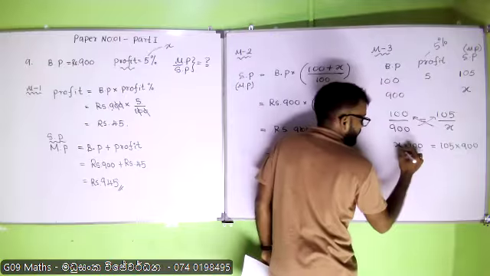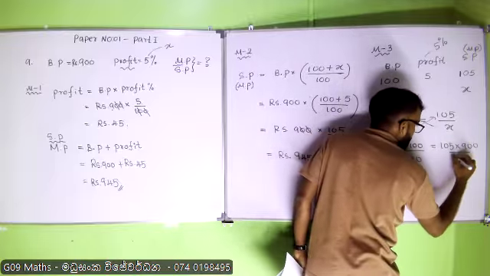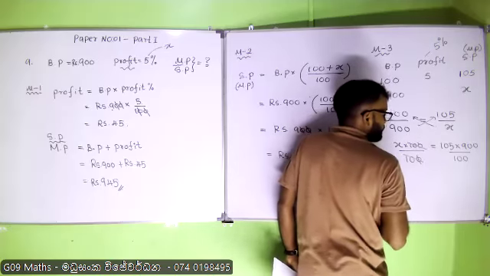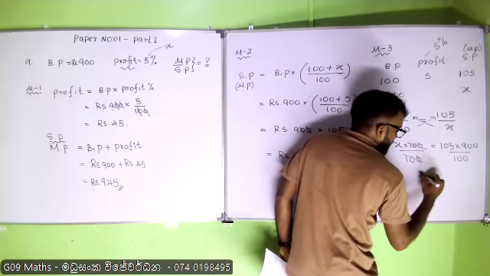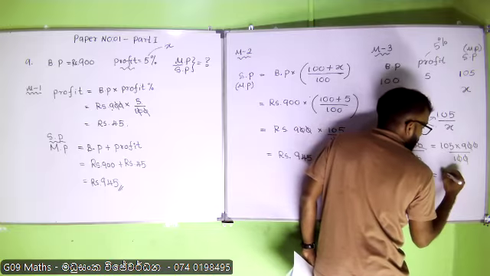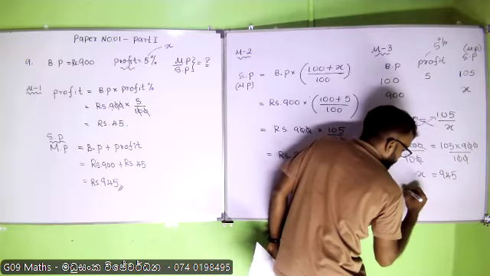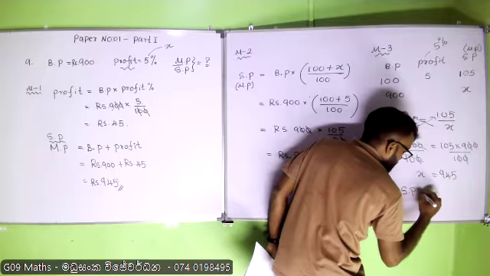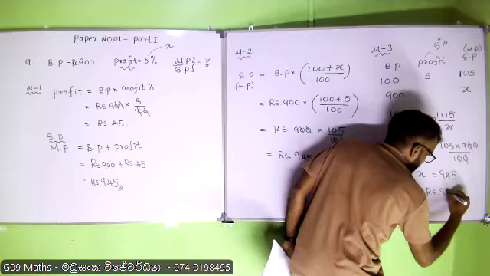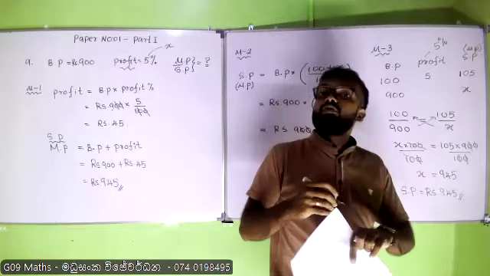To find the value of X, divide both sides by 100. X equals 945. So the selling price or the mark price is 945 rupees.